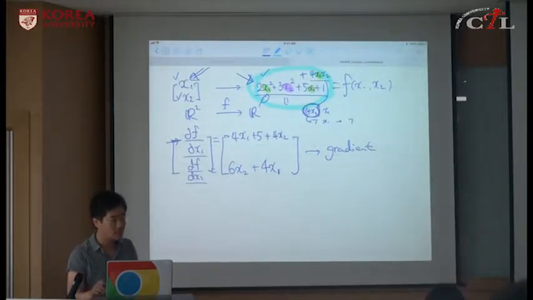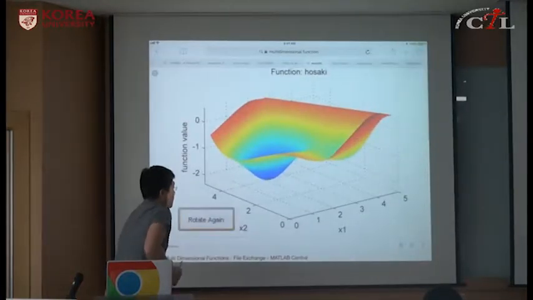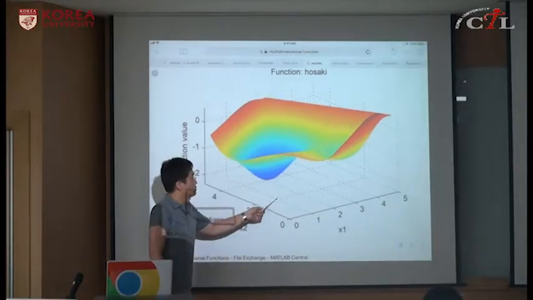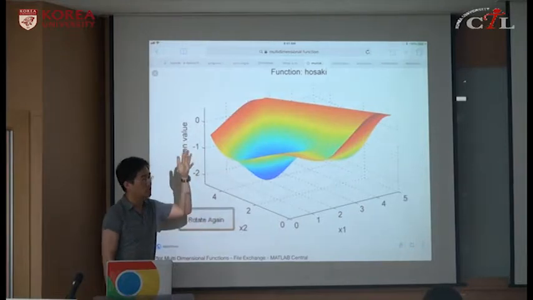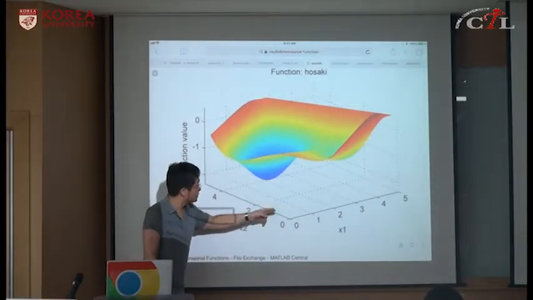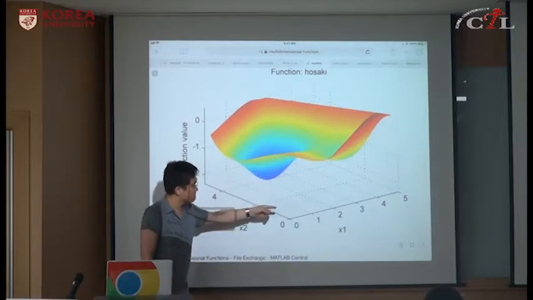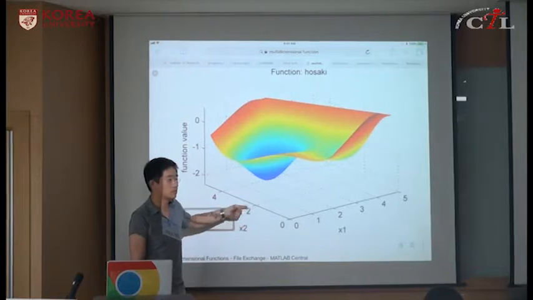Okay, and then the geometric interpretation of this gradient, which is the collection of partial derivatives, is that at this point, we can think of some sectional kind of shape or function. So sectional means at this point we just fix x2, and x2 will be fixed as 2, right?